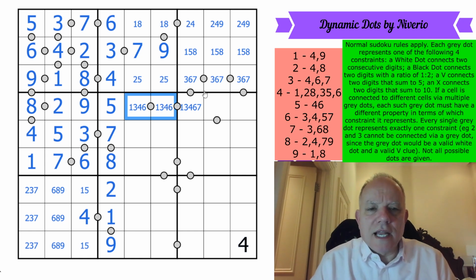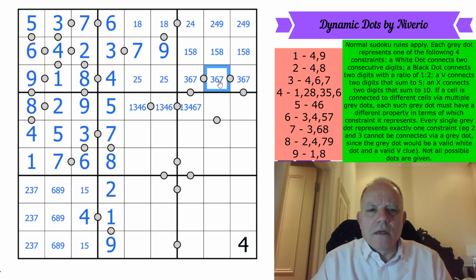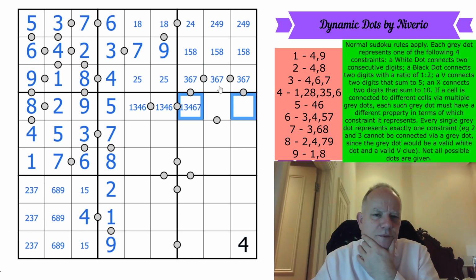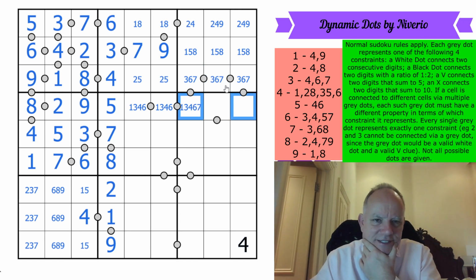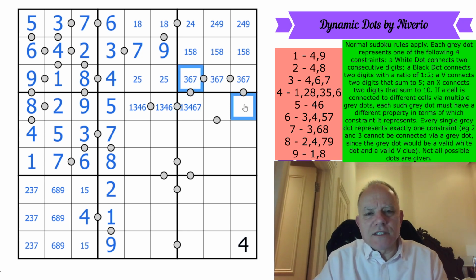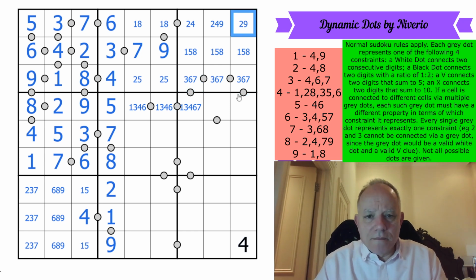Wait, now. This number cannot appear here or here by the rule of double joinedness. It's not that helpful. I suppose these two can be the same. Oh, this can't be a 4, of course, by Sudoku.